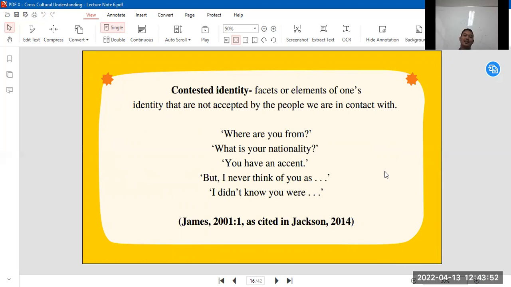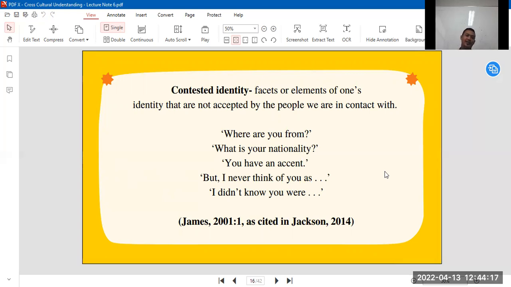Contested identity, according to James, refers to facets or elements of one's identity that are not accepted by the people who are in contact with. Because the majority of the group in that class, in that environment, are not fasting. Probably they have a different religion.